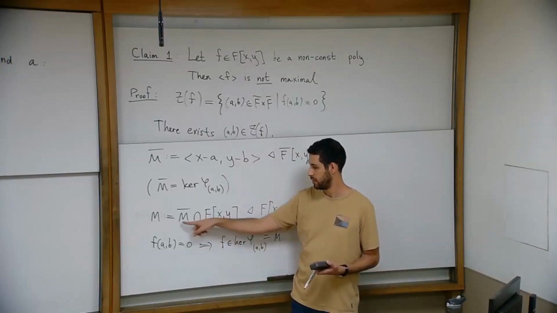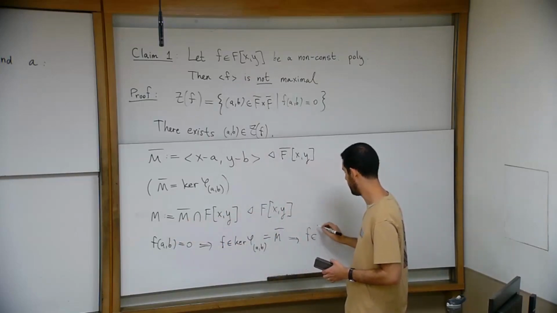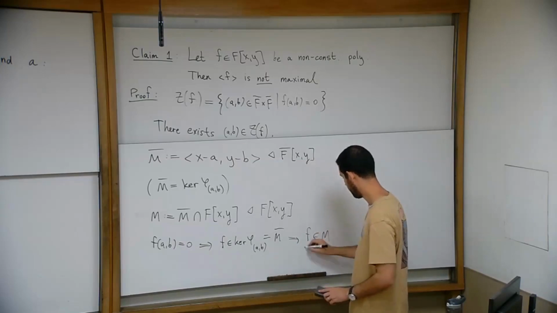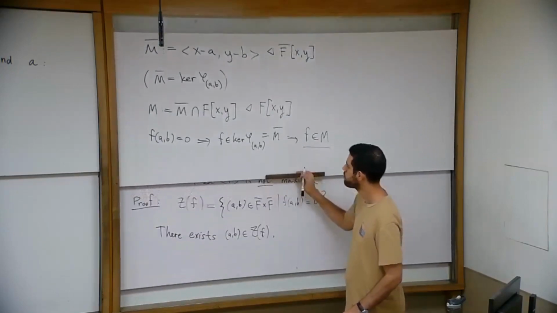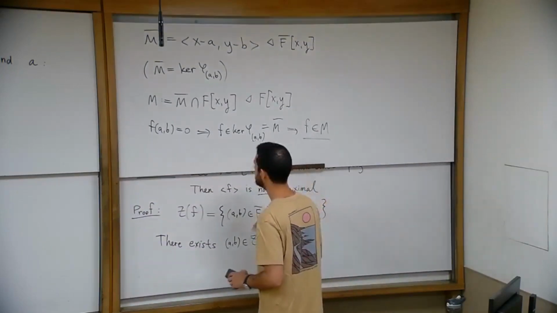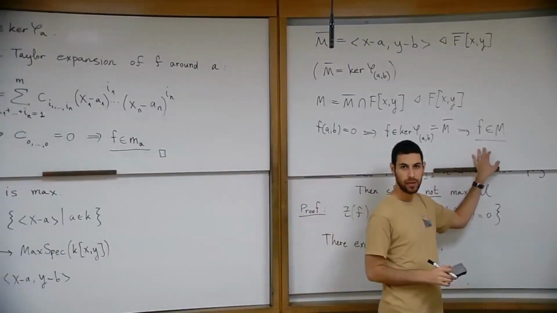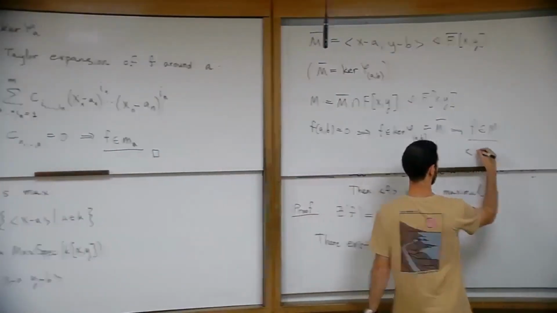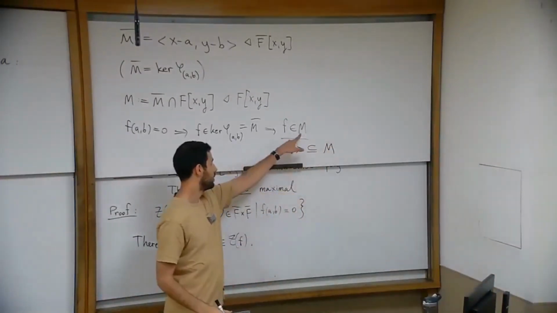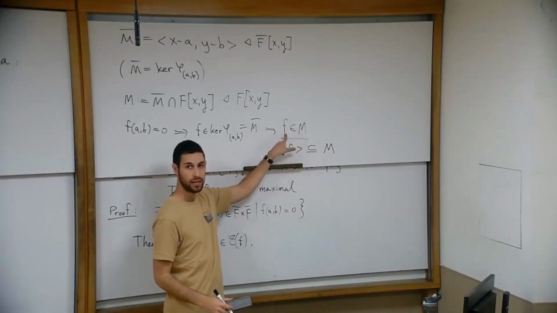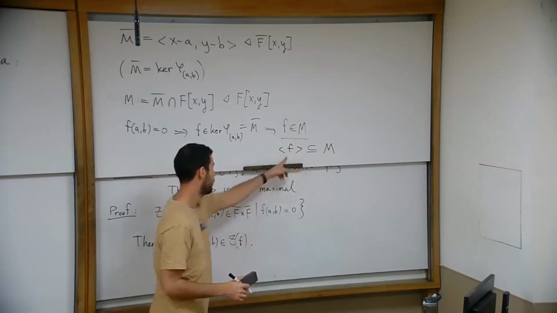So it belongs to both this and that. Hence, F belongs to M. In particular, the ideal that is generated by F is contained in M, because M is an ideal which contains F, and this is the smallest ideal that contains F. So obviously we have this inclusion.